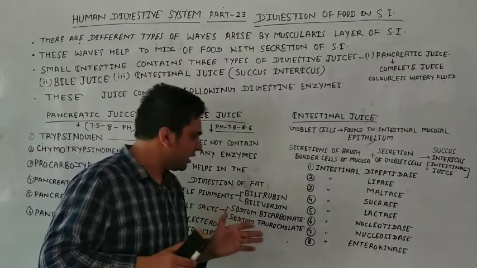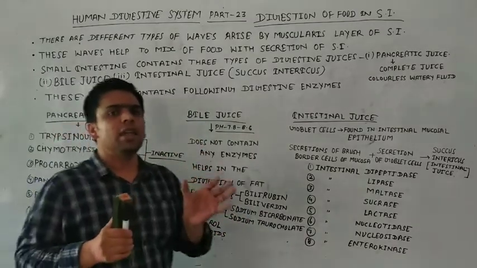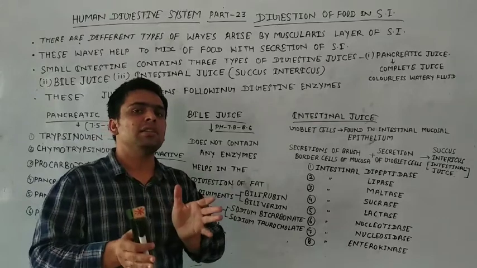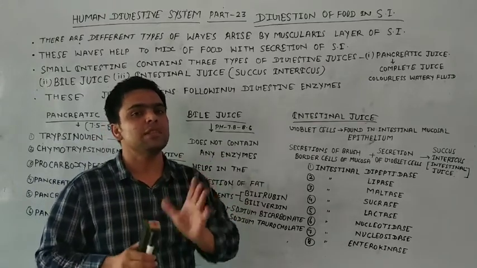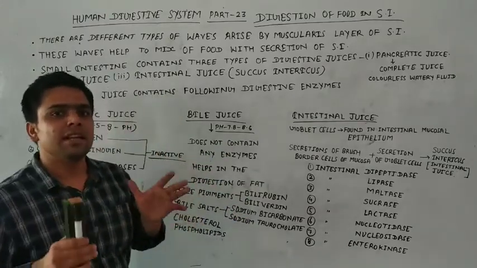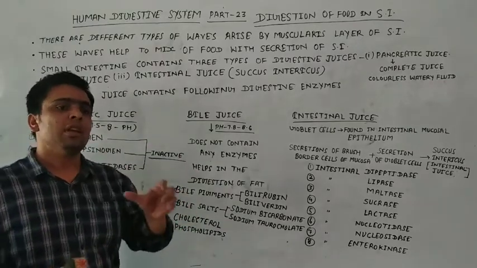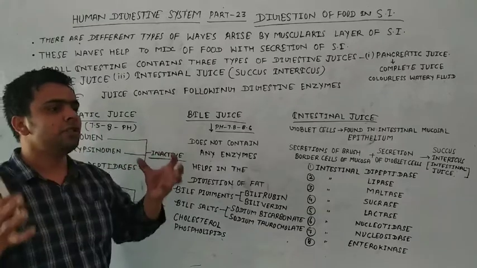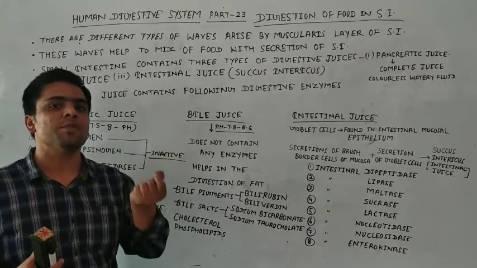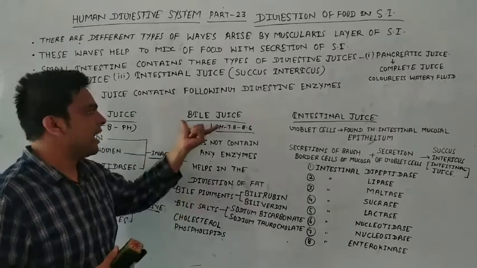One more thing: a process occurs through bile juice, known as emulsification. What is emulsification? It means large fat molecules are converted into small droplets through bile juice.